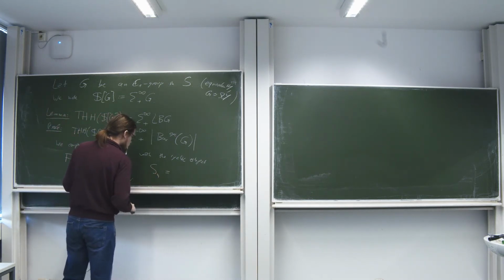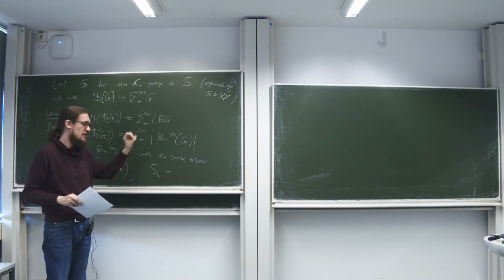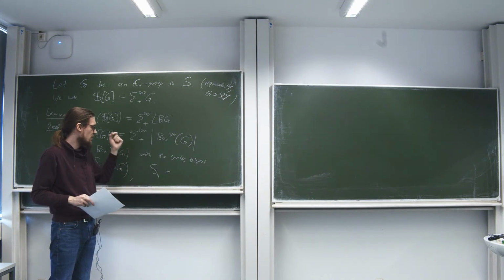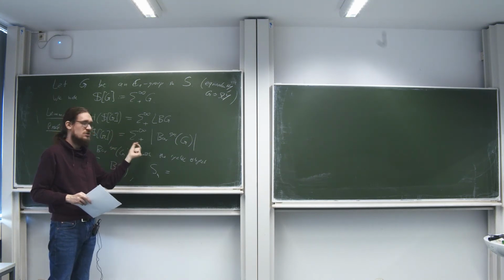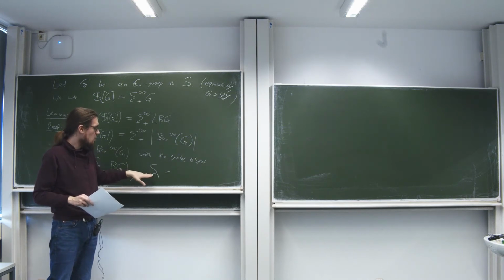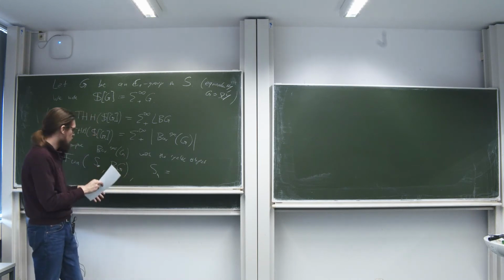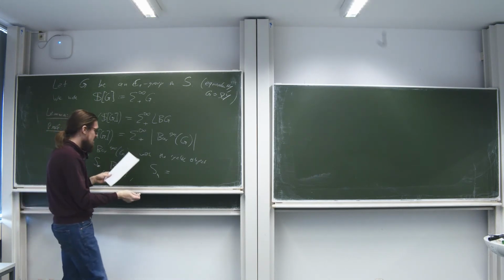Sn, and remember for cyclic objects the indexing was kind of funny. Instead of starting with 0 as for simplicial objects, it starts with 1. So the 0 simplices are going to come from S1. And what's Sn?